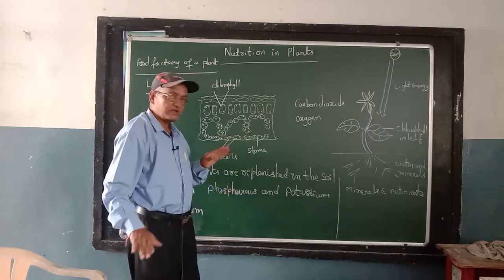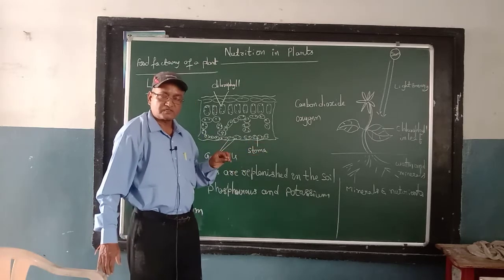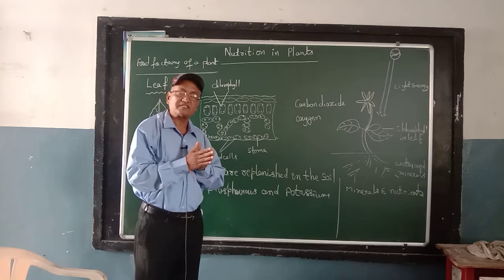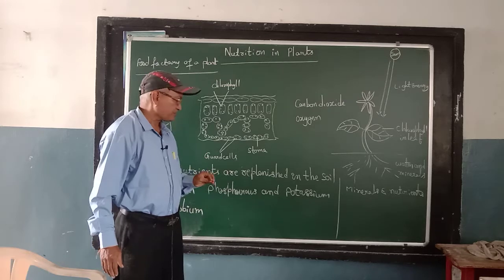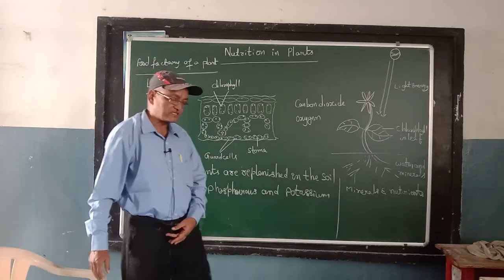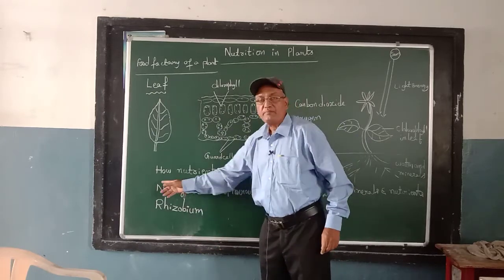Now normal level. In order to do that, farmers put fertilizers and manures to the fields from time to time. Regularly they maintain it. At the same time, plants use nitrogen in plenty.